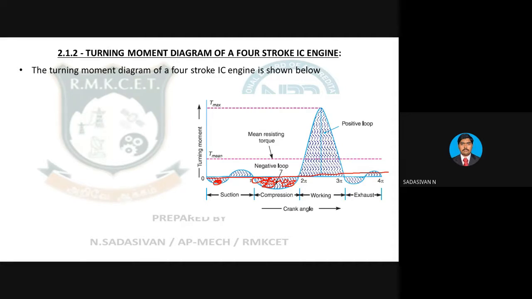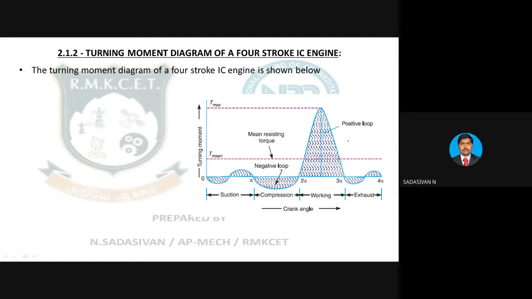Only then will your engine move to the next power stroke. So you have to take some power from the crankshaft to keep it moving, and at those points you are going to have negative torque. The torque is going to reduce by this amount, then by this amount. During the power stroke you get an enormous amount of torque imparted to the crankshaft. So this variation is not really desirable.